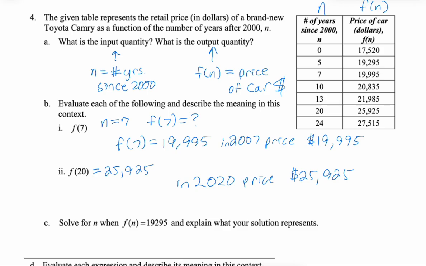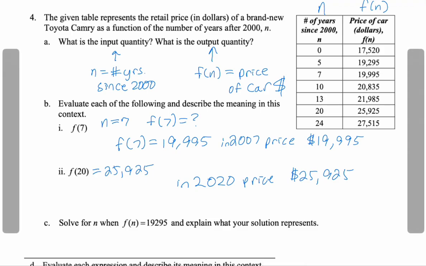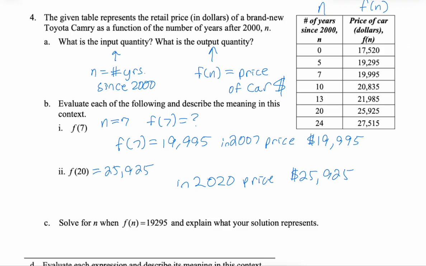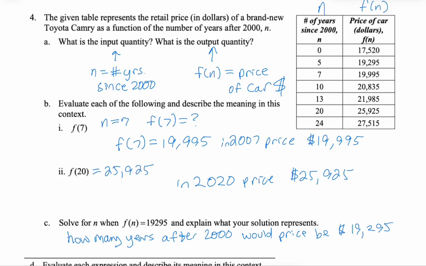Now, C is kind of interesting because what C does is it goes backwards. So this is saying how many years after 2000 would the price be 19,295?